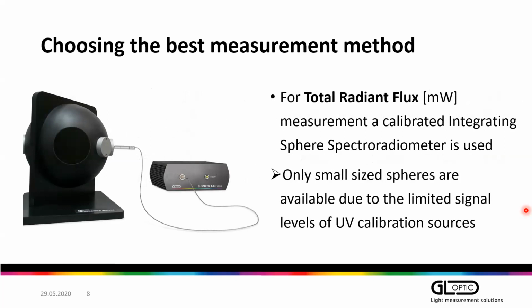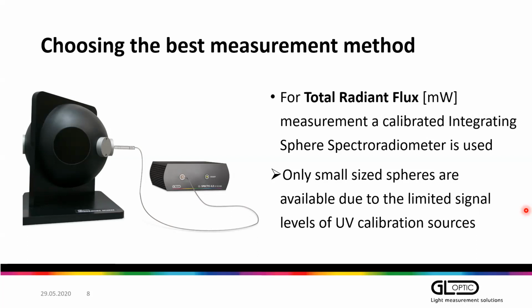For instance, total radiant flux, so total emission from this source, can be measured in the integrating sphere. However, when we are talking about UVC measurements, there is a limitation on the size of the spheres available. It's not that we cannot produce such spheres, it's simply because it's difficult to calibrate the whole system.